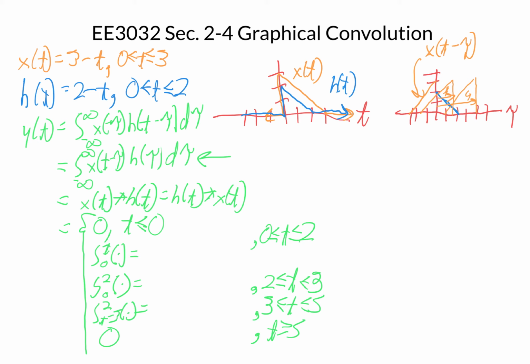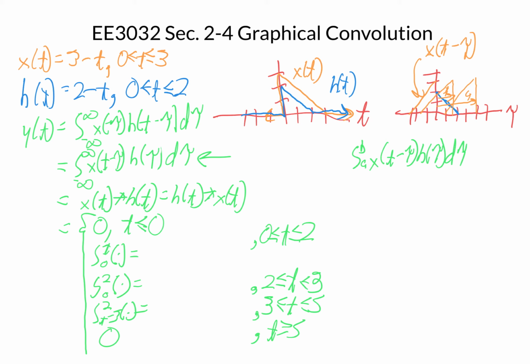Now, we need to evaluate these integrals, and what we're going to do is do it in this general form. All the integrals go from a lower limit to an upper limit. So we're going to call the lower and the upper limit a and b. And then we have x of t minus tau, and we have h of tau. Integrate over tau.